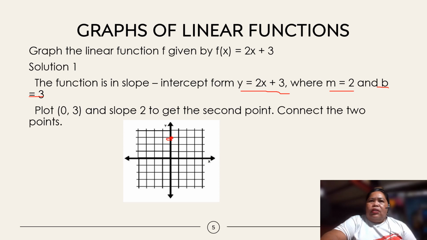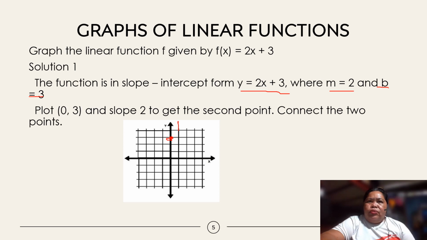Okay, then our slope is m, so we have its slope is 2. From 2, we have rise over run, no? So we can have another point here, and we can extend this one.